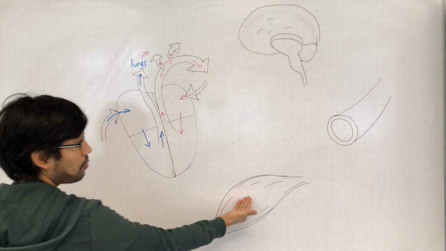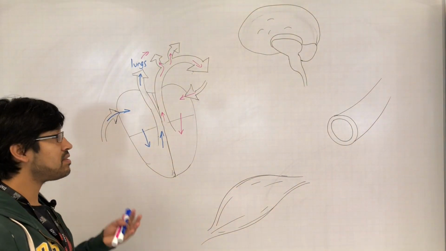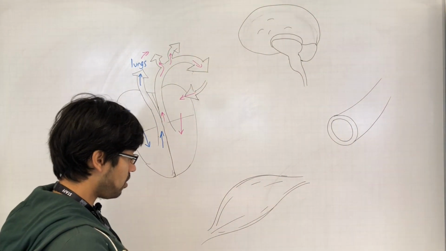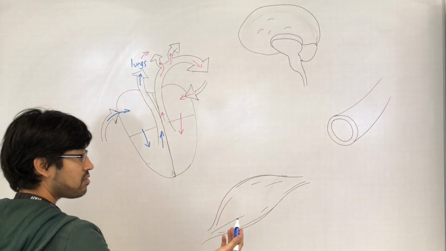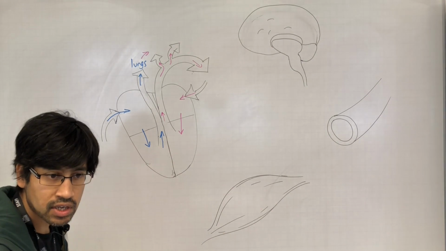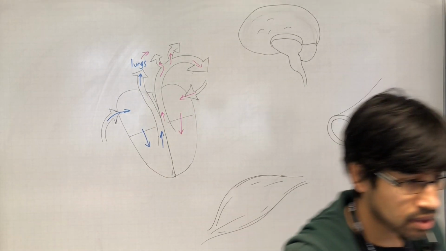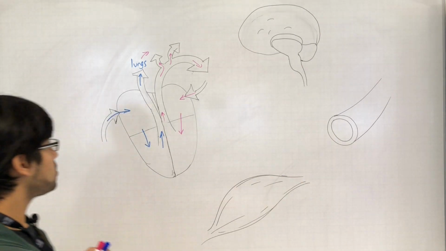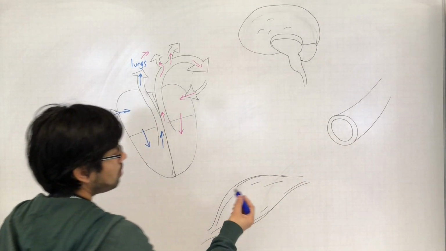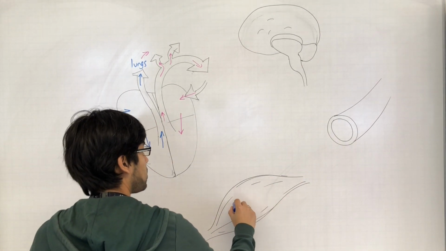So let's look at our muscle as an example of any cell in the body. What are those cells doing? In the case of the muscle, remember it's going through muscle contraction.